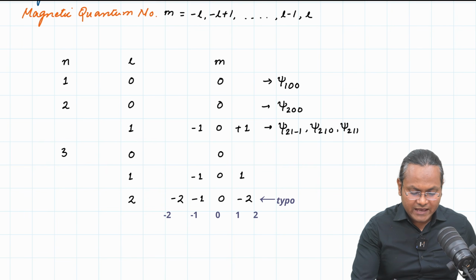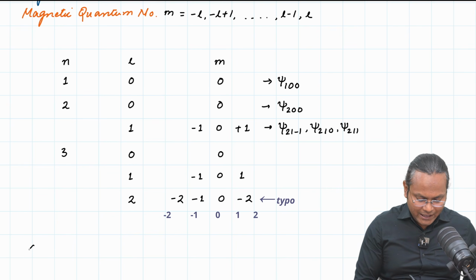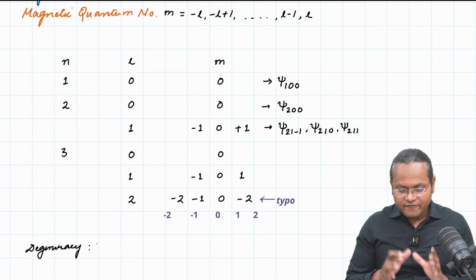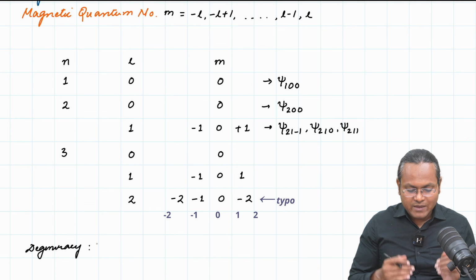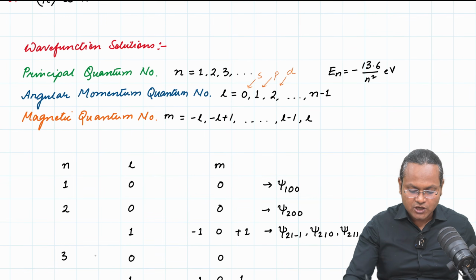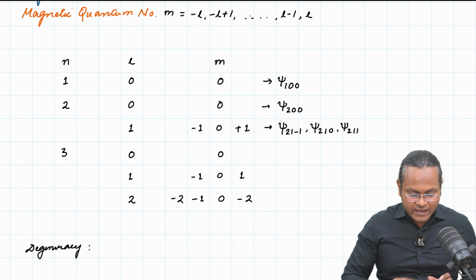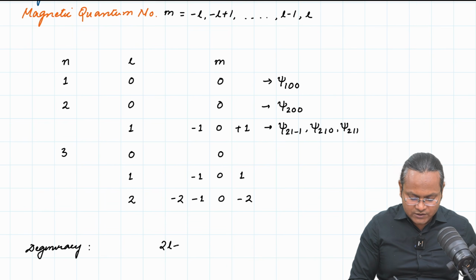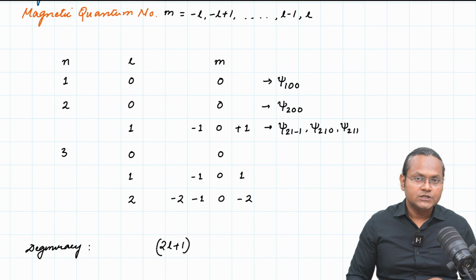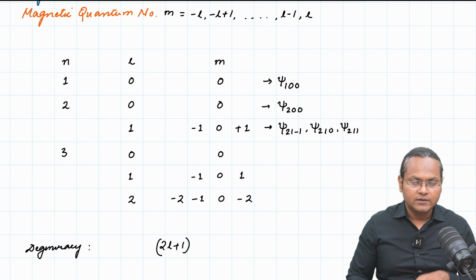If we want to calculate the degeneracy, because these all result in distinct wave function solutions that have the same energy level, since the energy level is just decided by the principal quantum number, then for every value of L, there are 2L plus 1 values of M. So for every value of L, there are 2L plus 1 states.